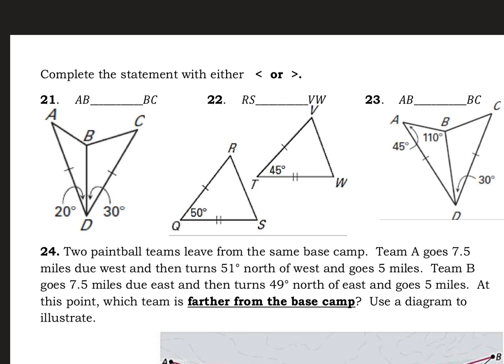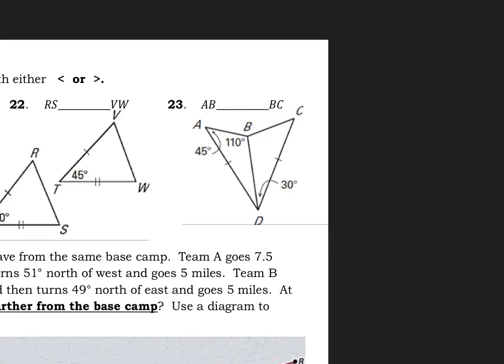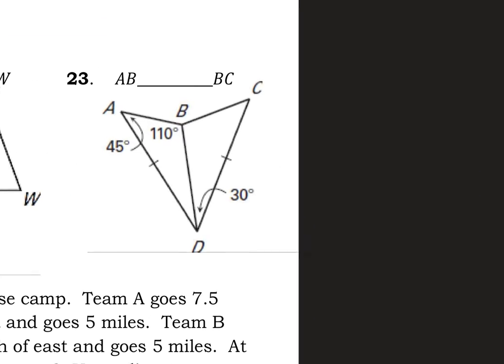All right, I think you guys can handle 21 and 22 because they're almost the exact same questions. I want to do 23 with you because 23 entails you having to do one more step. On 23, we're looking at A to B and B to C. Do we have the angle across A to B? No. So what do you have to do? Subtract those from 180.